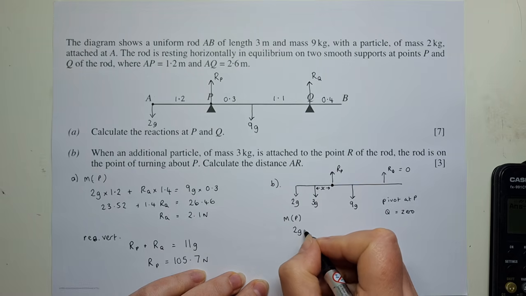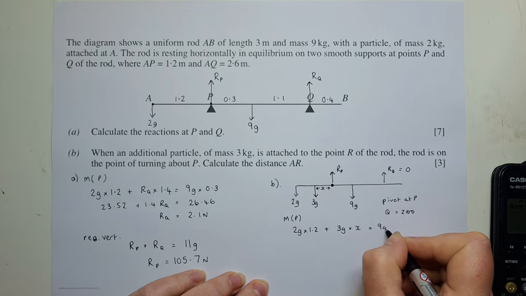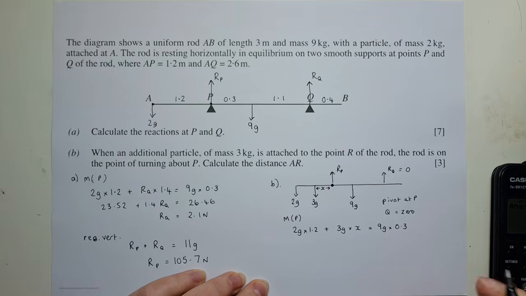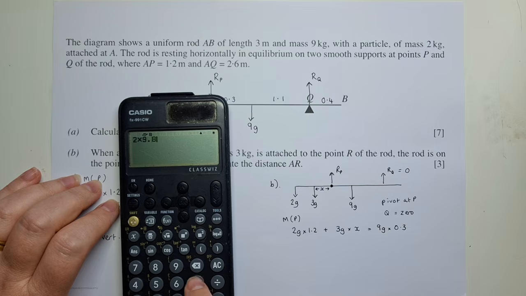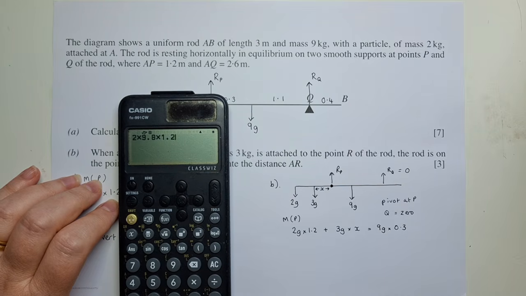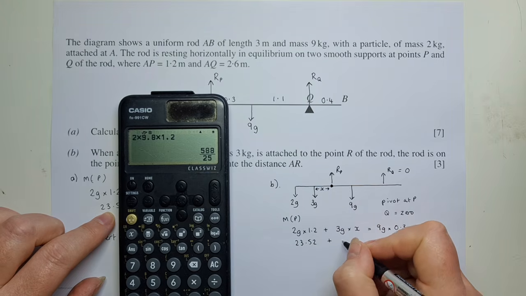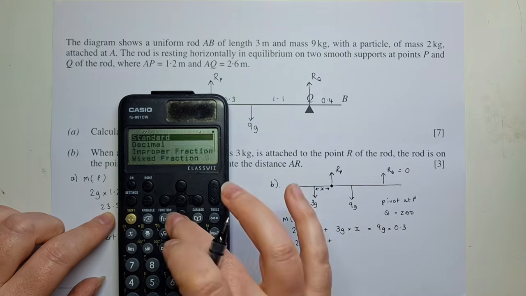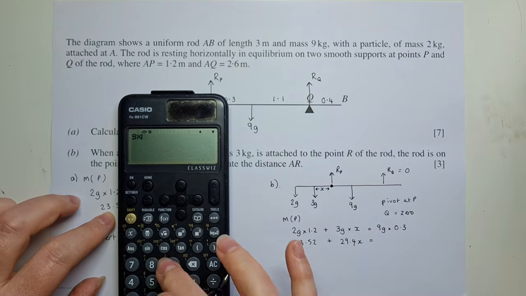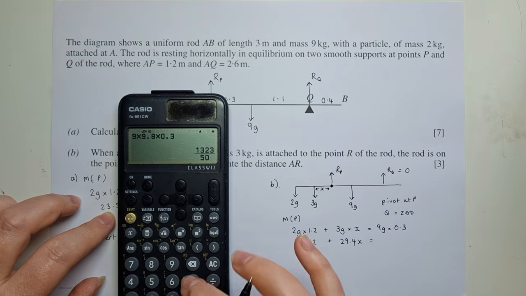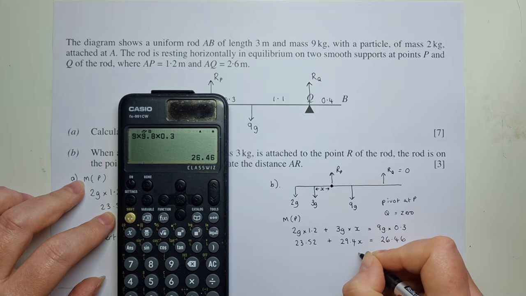And we're going to say 2g times 1.2 plus 3g times x is equal to 9g times 0.3, and we'll just work it out and then we're done. 2 times 9.8 times 1.2, that was the 23.52 again. 3g is 29.4, and 9 times 9.8 times 0.3 is 26.46. We can work x out.